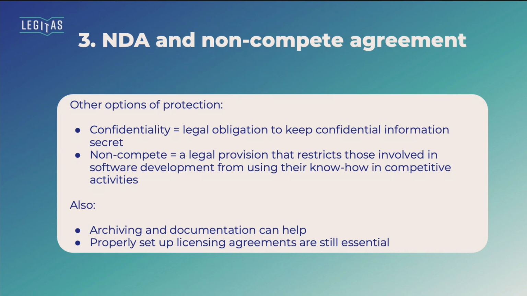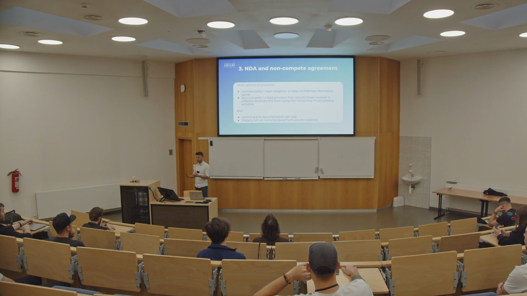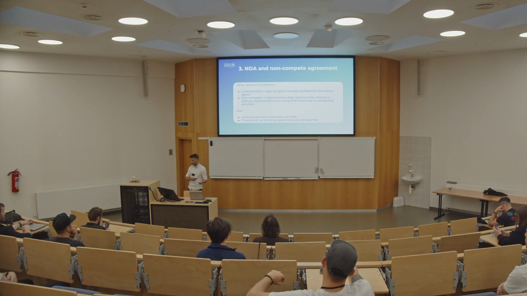The NDA is an agreement that obligates the person I'm going to entrust that information, the source code, the software, to, that they will not be able to disclose it to anyone without my approval. The non-compete means that person will not be able to use that knowledge, that know-how, in competitive activities, directly or indirectly.